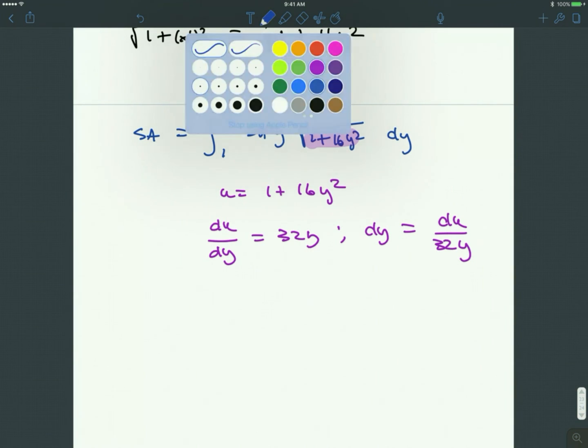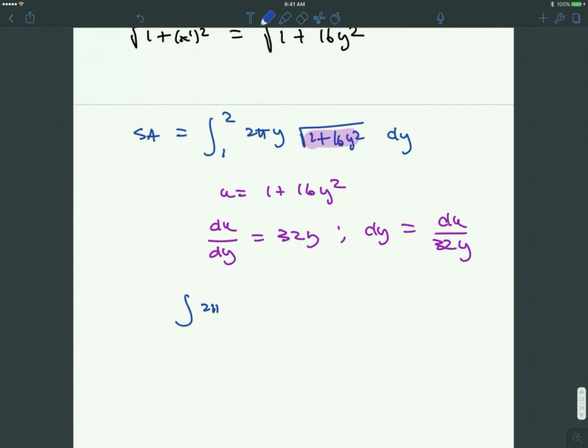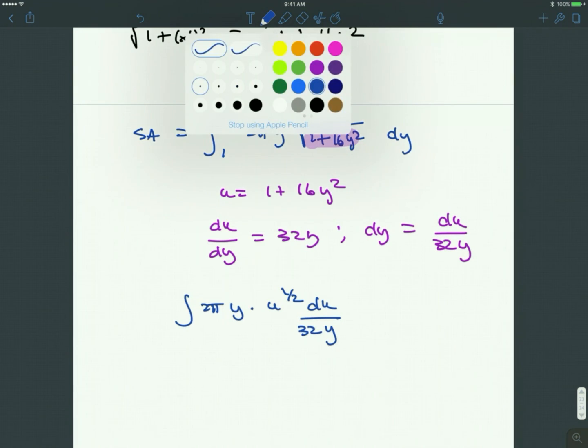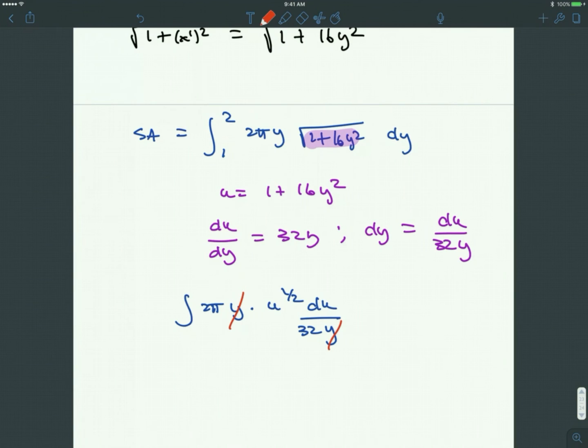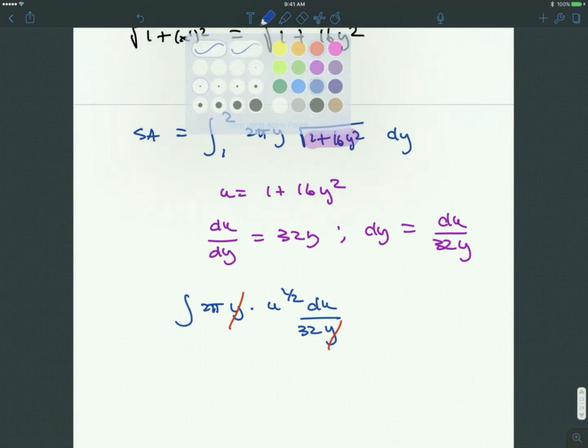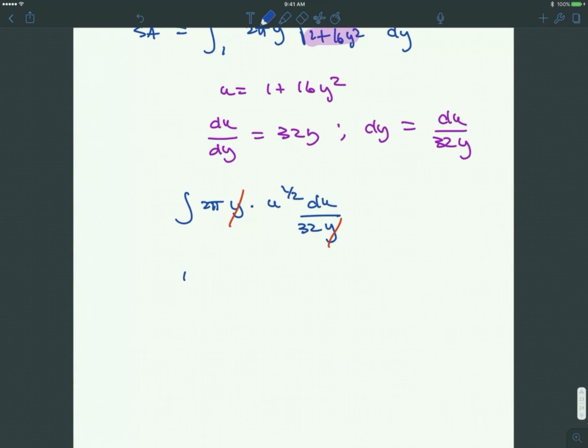So my integral, 2 pi y times u to the 1/2 du over 32y. Y's cancel. I get, it looks like, pi over 16 u to the 1/2 du.